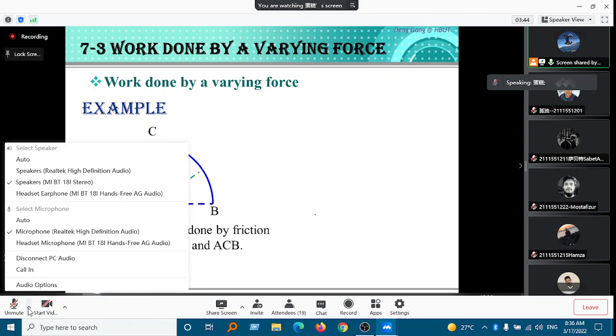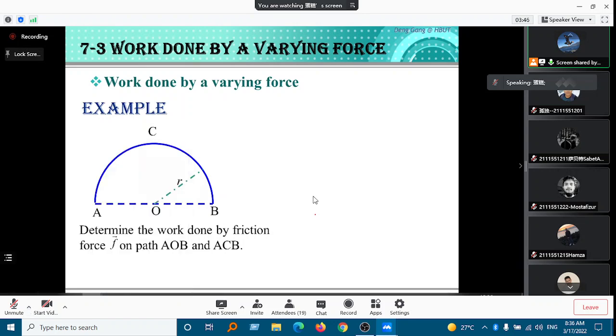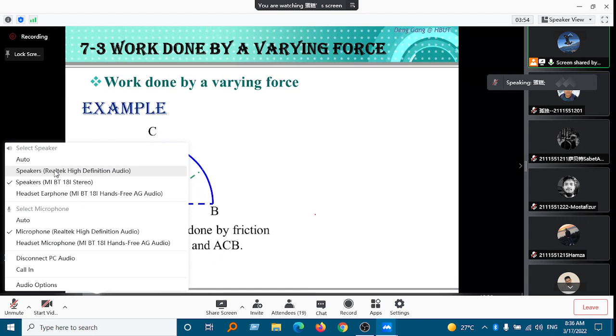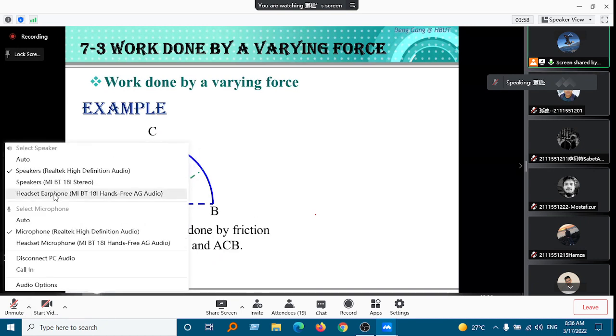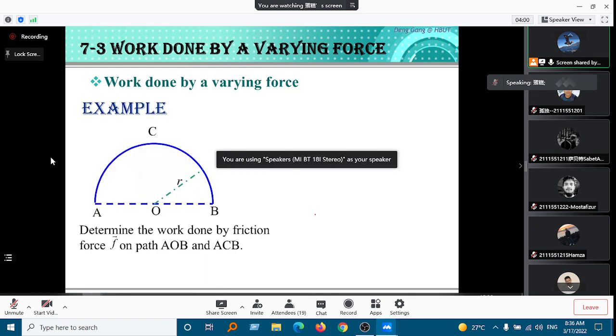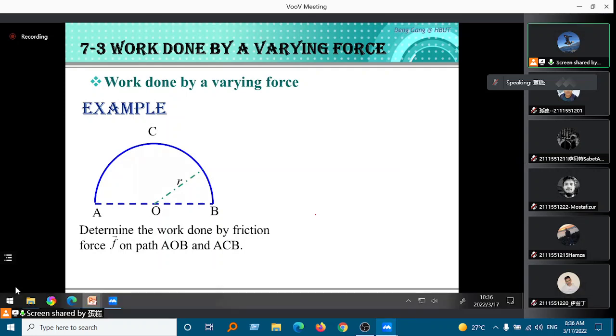So we want to calculate the work done by friction force F on path AOB or ACB. They start at the same position and end at the same position.